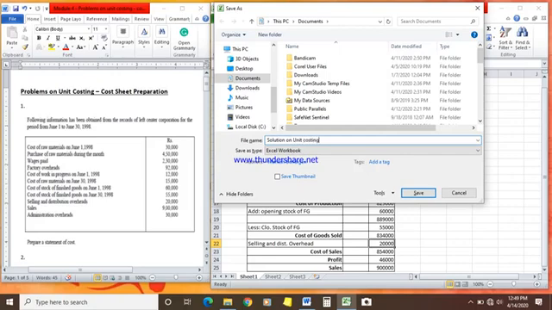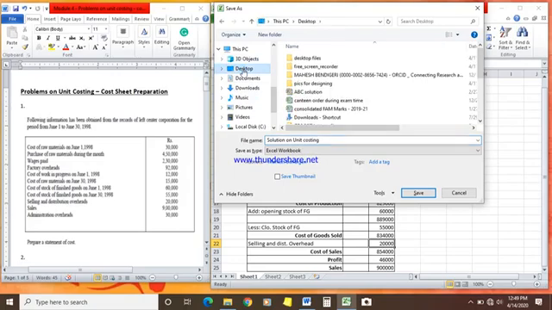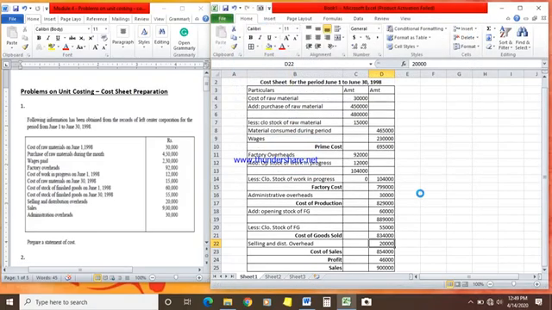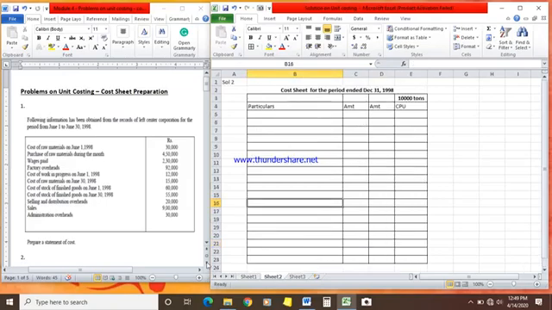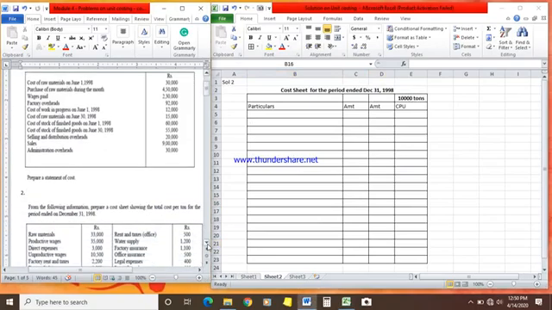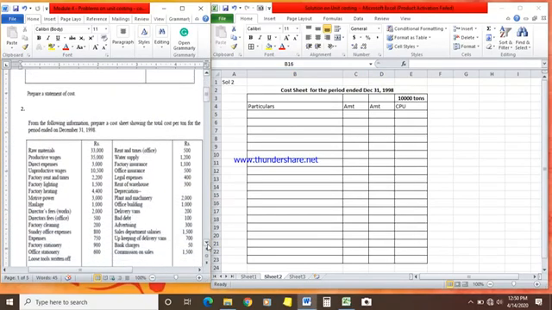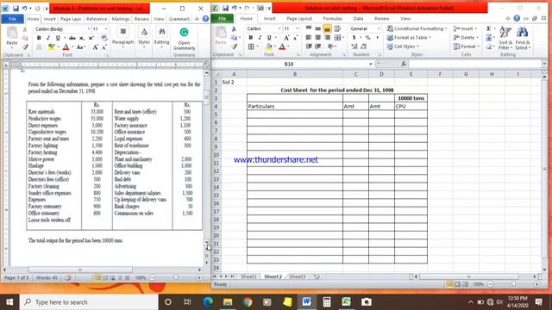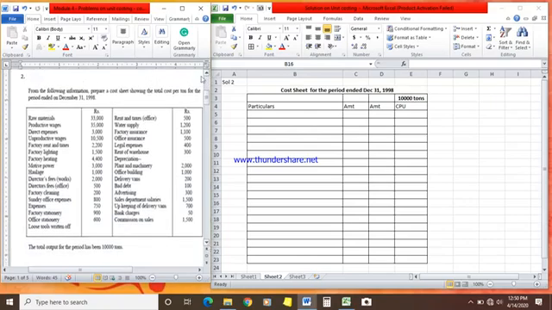Solution on unit costing. Okay, so now let's move on to the second problem. In the second problem, we are going to look into some more details. Again, it's about preparation of a cost sheet, but here we have more items compared to the previous one.